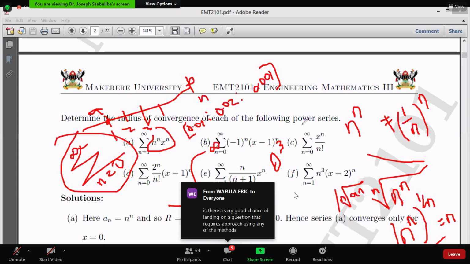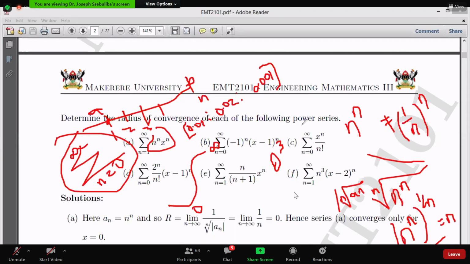This is Mr. Wafula. What is Wafula saying? Is there a very good chance of landing on a question that requires approach using any of the methods? This man is joking around. Of course, I don't understand what you mean by that. And you are saying even in a generic nature. What are you saying? Wafula, can you say something? I would love to hear what you are saying.